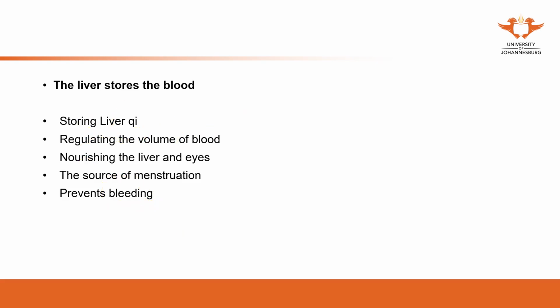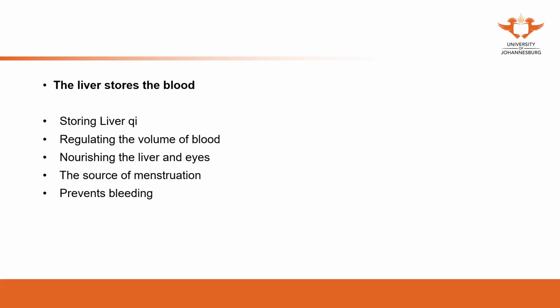So from these functions, in a disorder of the liver you will see manifestations mostly related to the emotions or mental activities. The digestive problem comes from the liver and the spleen: one is wood, one is earth.